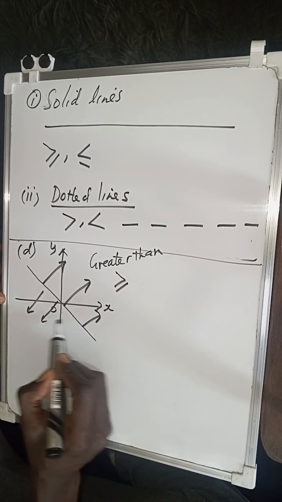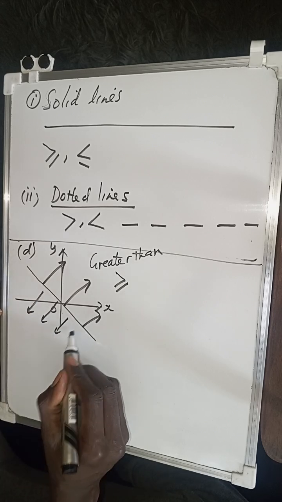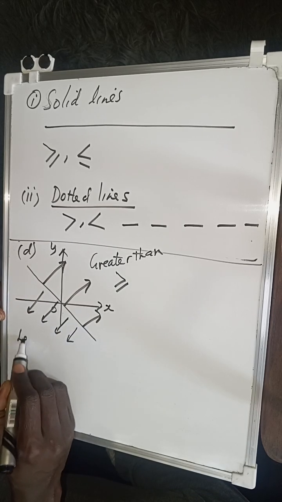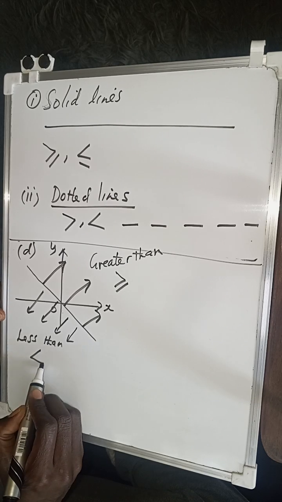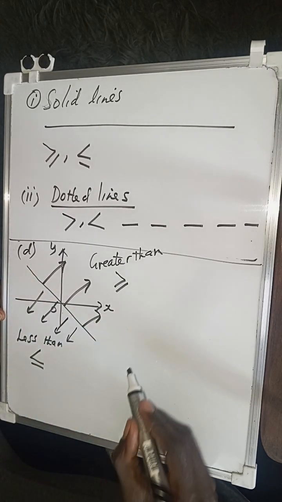If the region you wanted was below this line, that is considered to be less than. So we are going to use less than or equal to, because that is a solid line.